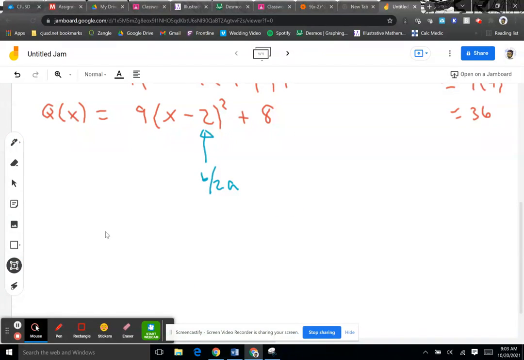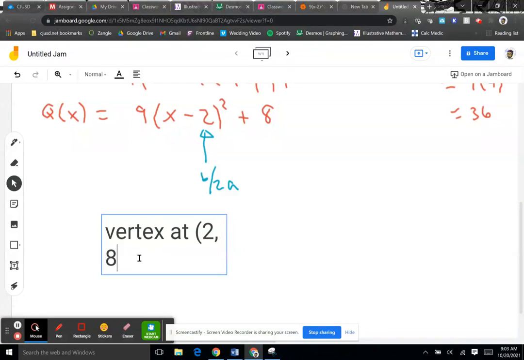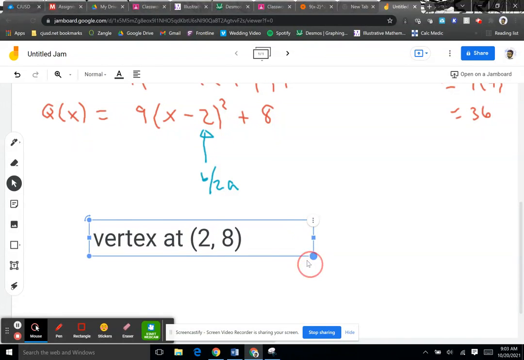Therefore, we'll have a vertex at positive 2, 8. Even though this was negative 2 right here, the vertex will be at positive 2 because we went to the right 2 when we subtract from the input. Add 8, shift up 8. Therefore, we have a vertex at 2, 8.